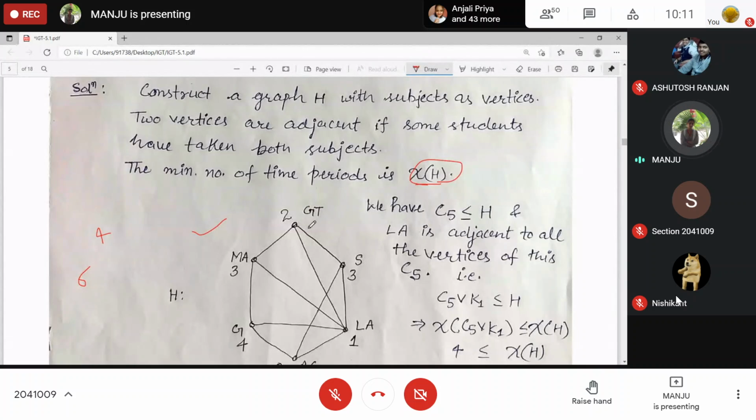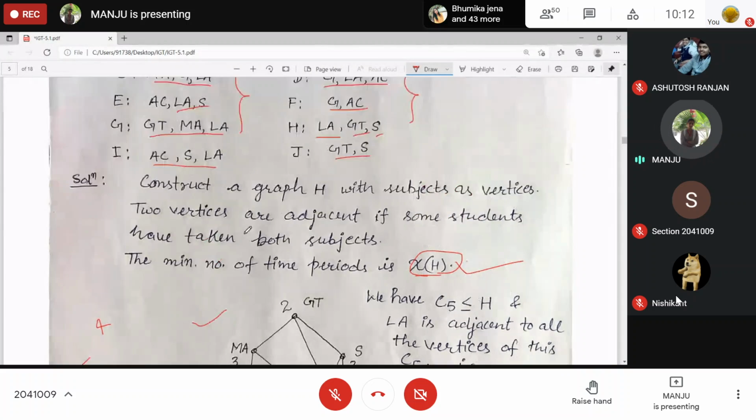Or you can say, whenever 2 courses have some common student, then these are taught at different slots. Got it? Yes, ma'am. First we find the minimum coloring, and minimum coloring is given by the chromatic number. That's why we found this chromatic number.